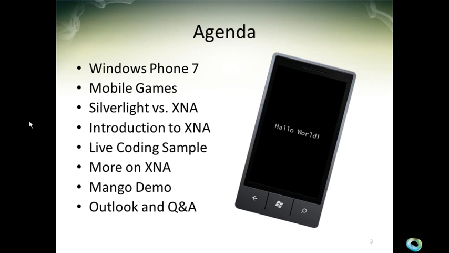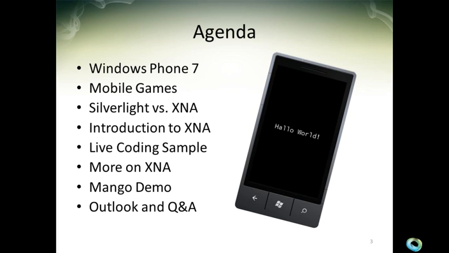I want to give you a quick overview of what we are going to learn today. First of all, I want to talk a bit in general about Windows Phone 7 and mobile games before we then start to take a look at the opportunities and options you have to develop games on this platform. And of course, then we will dive into more details about XNA.